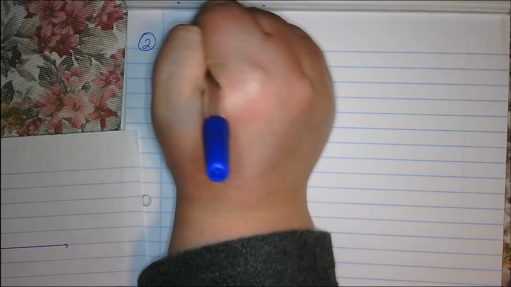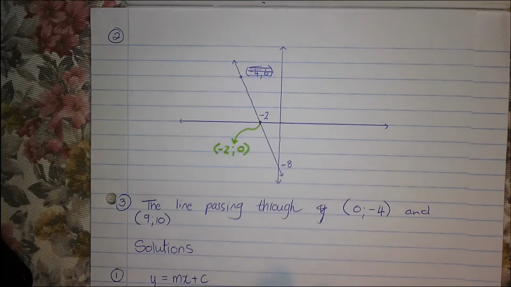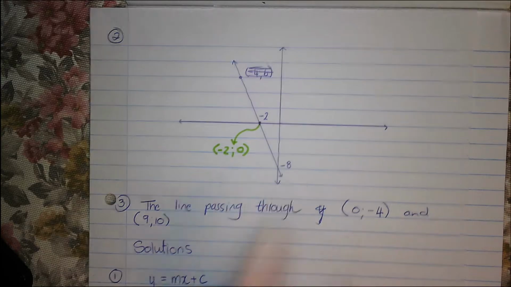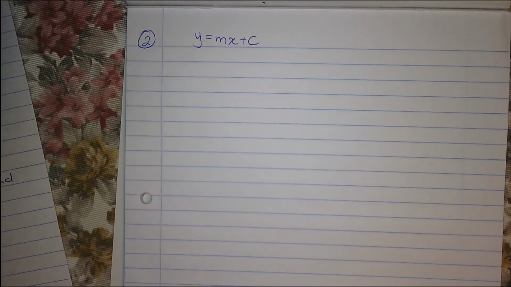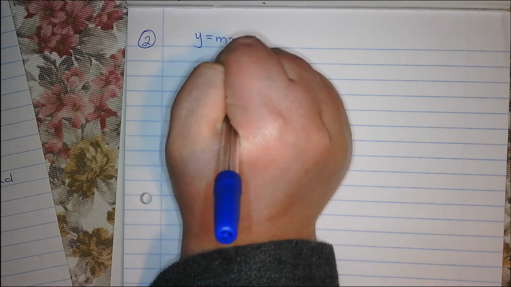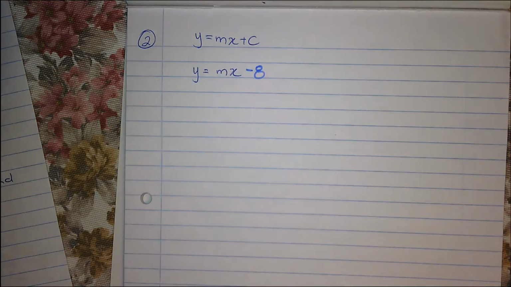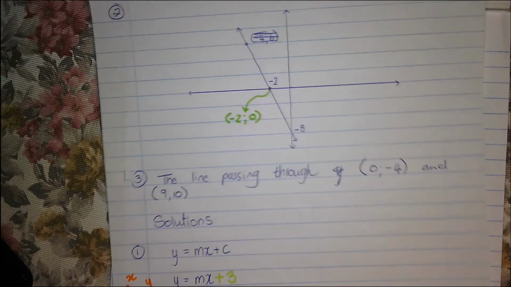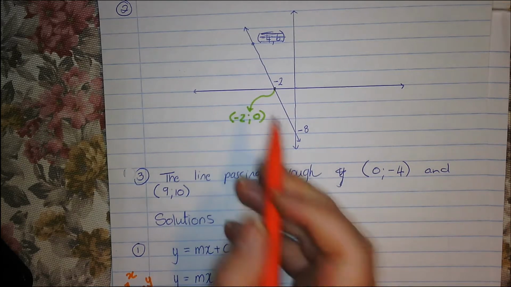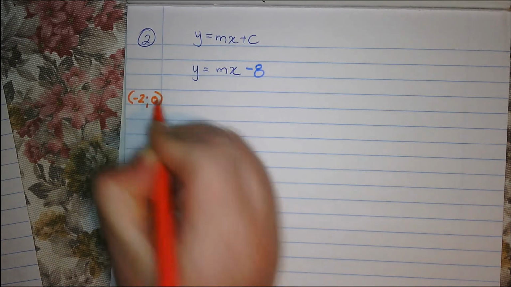First step, start with y equal to mx plus c. Substitute in your c value, which is negative 8. So you're going to say y equal to mx minus 8. And then the next step says substitute in the other coordinate being negative 2 and 0.